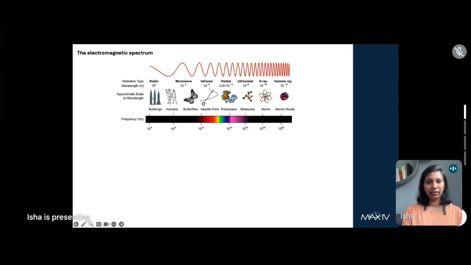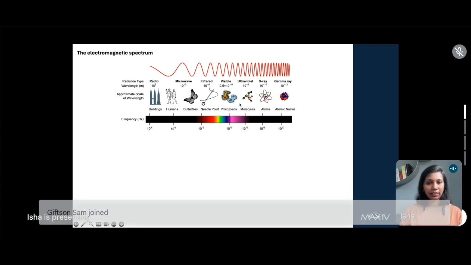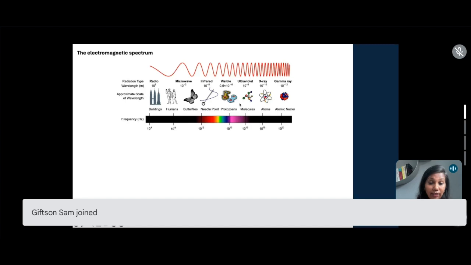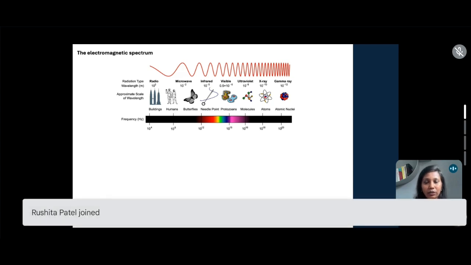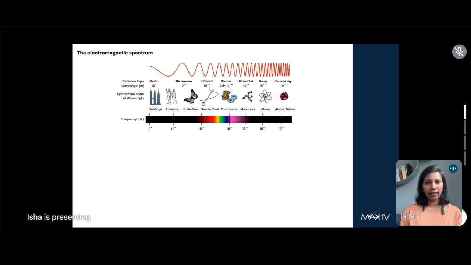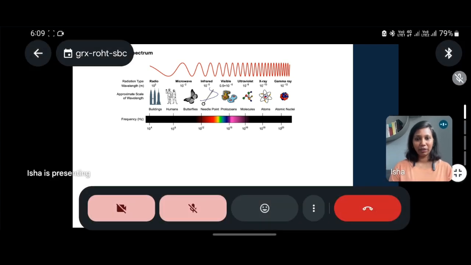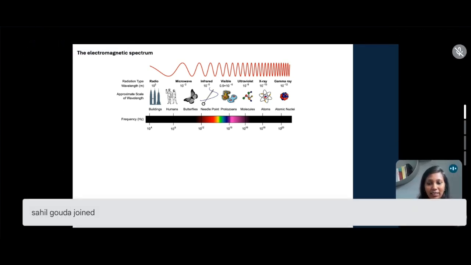Visible light interacts with things up to, I think, protozoans if they are big enough. And if you use a microscope, you can see that through visible light. But as soon as you go into ultraviolet and x-rays, normal microscopes are not enough. And for x-rays, for sure, you cannot use normal microscopes.